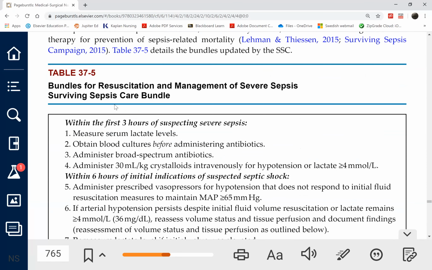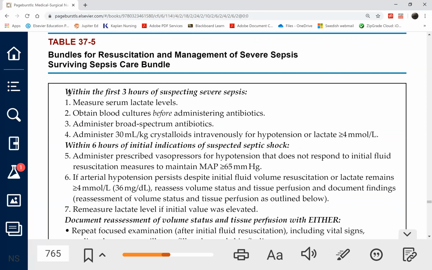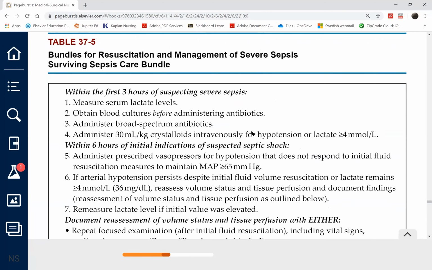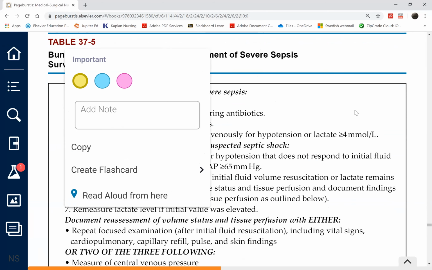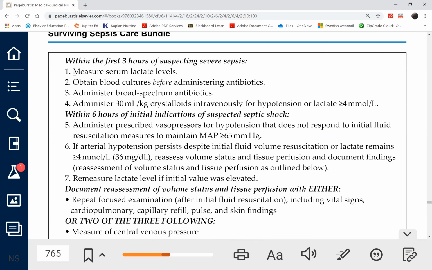and this is the bundle, table 37-5, in this order. It is divided into time periods: within 3 hours of suspecting sepsis, and this one within 6 hours of suspected septic shock. So if we catch it early, these are our interventions. Draw lactate levels.